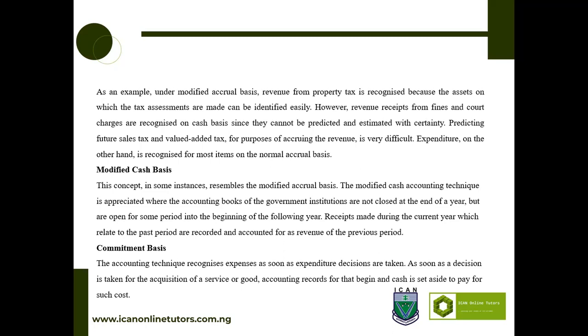There are situations whereby, with this type of modified cash basis, the books of accounts will be left open for 3 months in the following year. And what is the purpose of leaving these accounts open? In order to recognize some transactions that were supposed to have occurred in the previous accounting year.